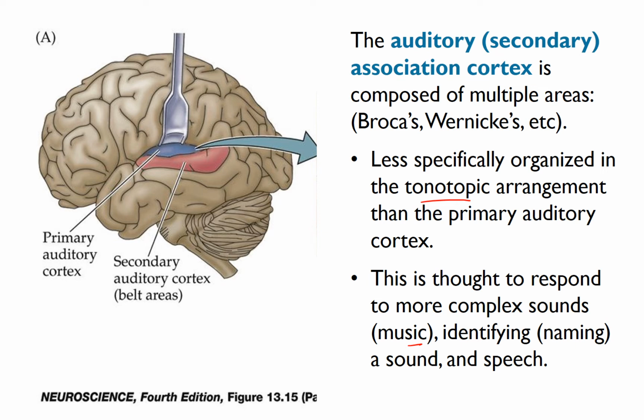Similarly, input from various levels of the basilar membrane, all the way through the cochlea to the primary auditory cortex, maintains that relative proportional organization. However, that organization becomes a little more disorganized by the time the information gets to the secondary auditory cortex. And this disorganization probably correlates with the complexity of sound processing that takes place there.